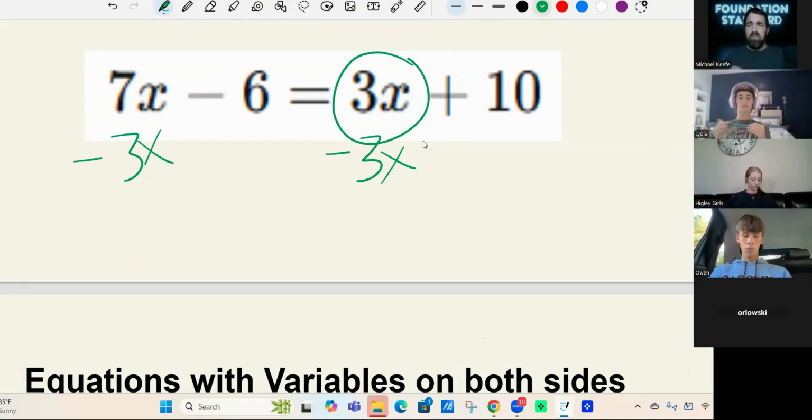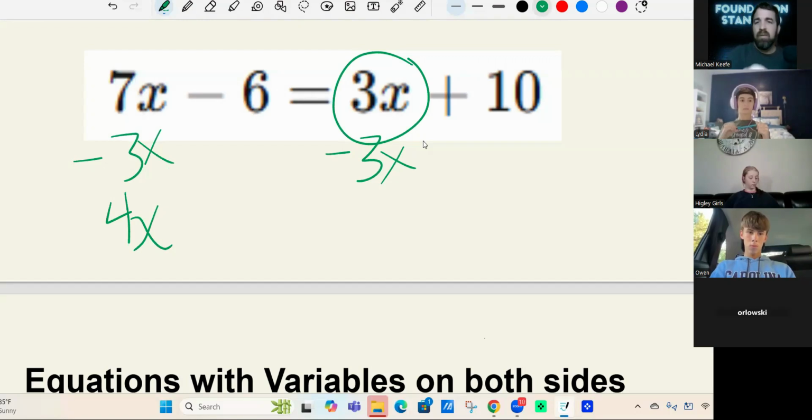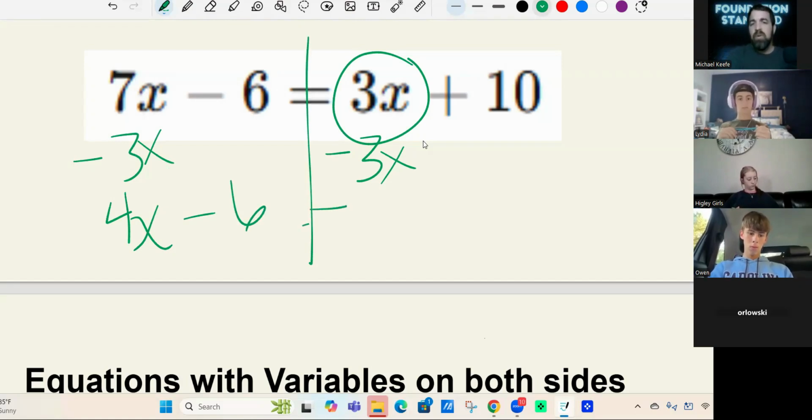You just want to move the smaller one. That way you don't have to get rid of a negative when you get to the end of that equation. It'll save you that extra step. It'll keep you from getting the wrong sign in your answer. So when you do these equations, you just subtract and make sure you subtract it from both sides. Move it over, and then your equation becomes a two-step equation from there.